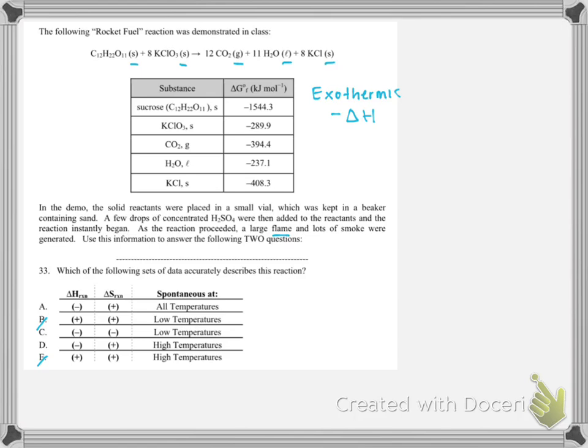And so because we're taking all of the solid and making the gas, which is very entropic, and liquid, which is more entropic, this is going to have a positive delta S. Okay, because we're increasing the entropy by going into more random, more disordered phases.